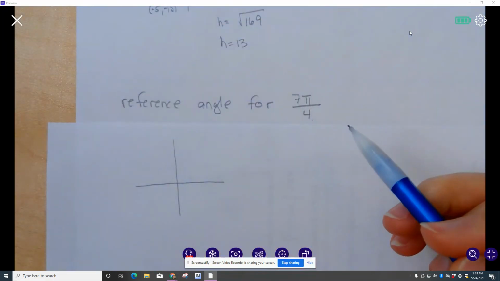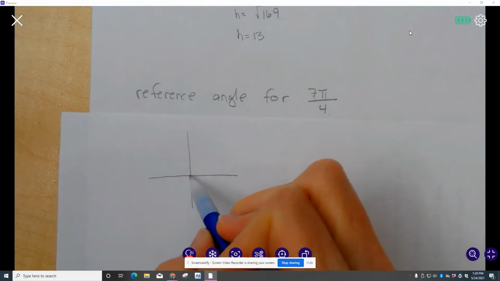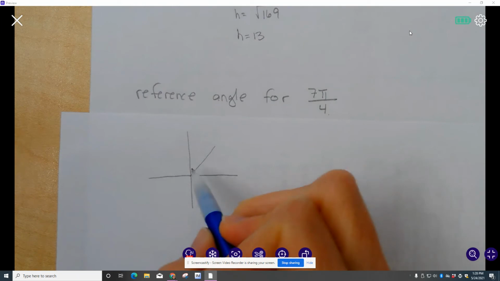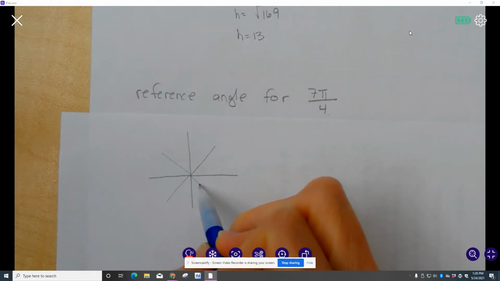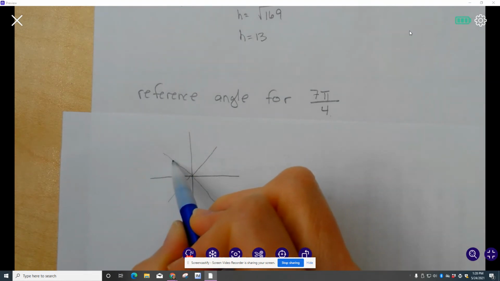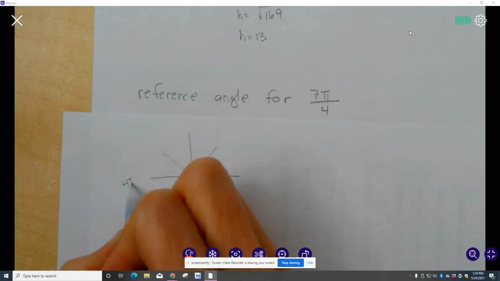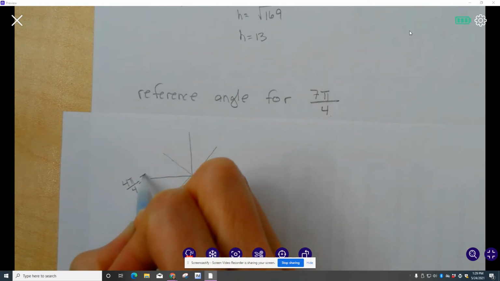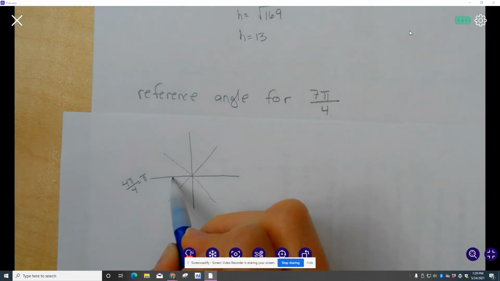So think about taking the unit circle and dividing it into these pi over 4s. I'll draw these, and then I'll show you the way you can count it. This is 1 pi over 4, 2 pi over 4, 3 pi over 4, 4 pi over 4, and 4 pi over 4 would just simplify to pi, and pi is the same as 180 degrees.